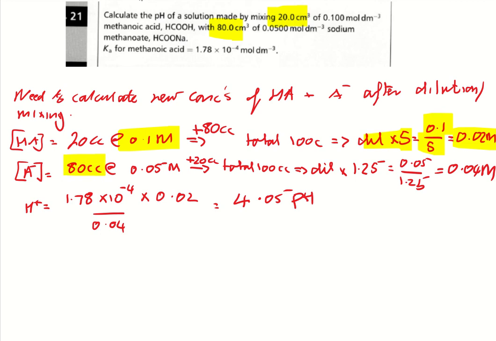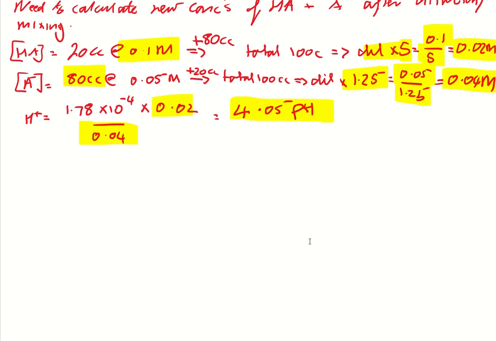The salt went from 80 up to 100, so that was a dilution factor of 1.25. The original concentration of salt was 0.05, divided by 1.25 gives me 0.04, and then we just put our values into the equation. We've got our Ka given to us, and we had 4.05 as our new pH there.